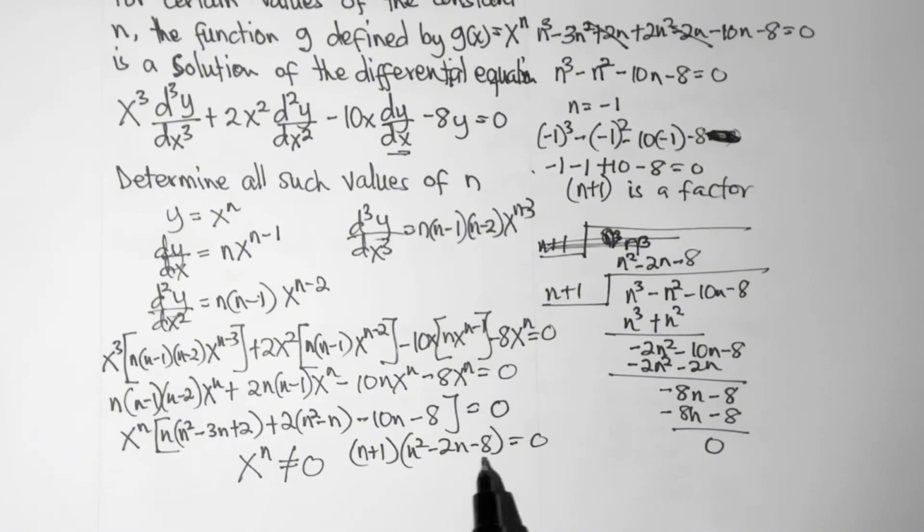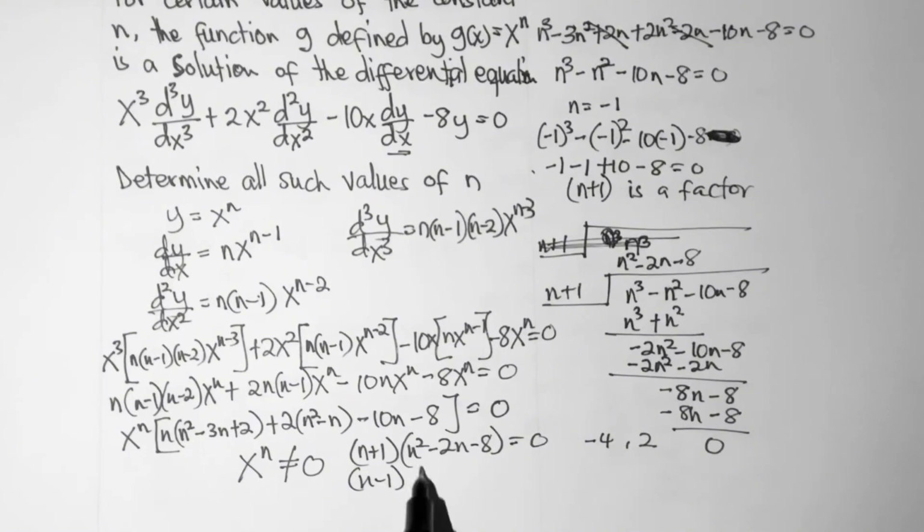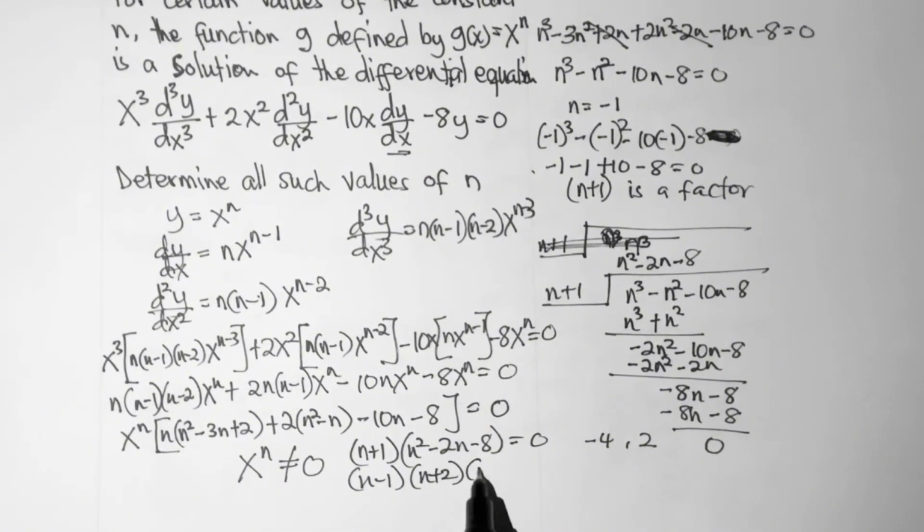So we need two numbers that when we multiply, we'll get minus 8, but when we add, we get minus 2. So those numbers are minus 4 and 2. Minus 4 times 2 is minus 8. Minus 4 plus 2 is minus 2. So we now have n plus 1, then n plus 2, and then n minus 4 equals 0.